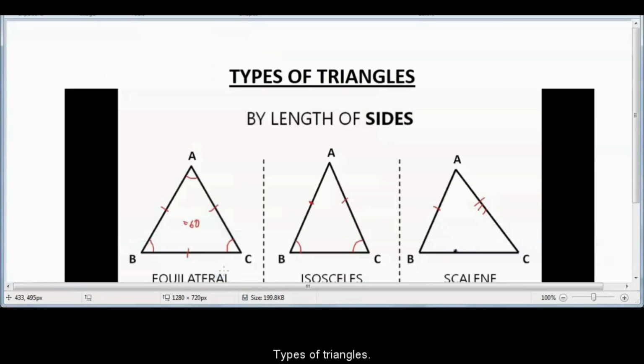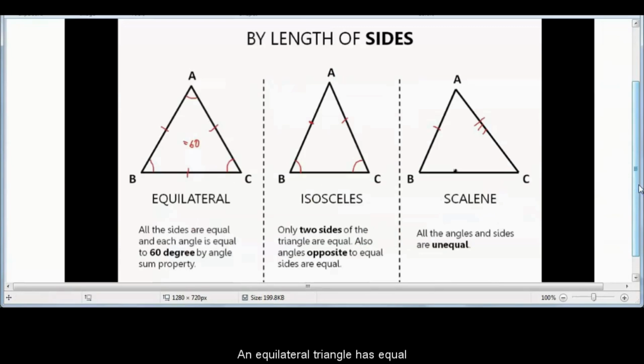Types of triangles. Triangles come in different sizes. An equilateral triangle has equal sides and equal angles.